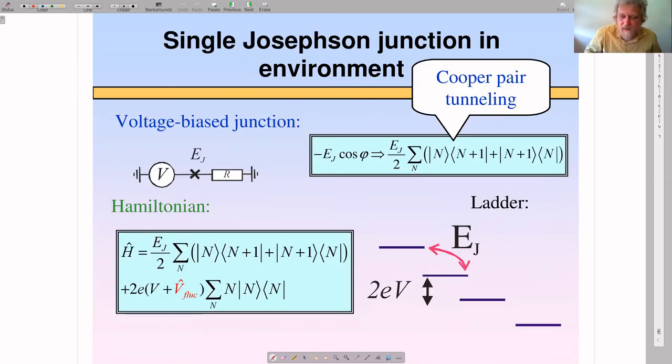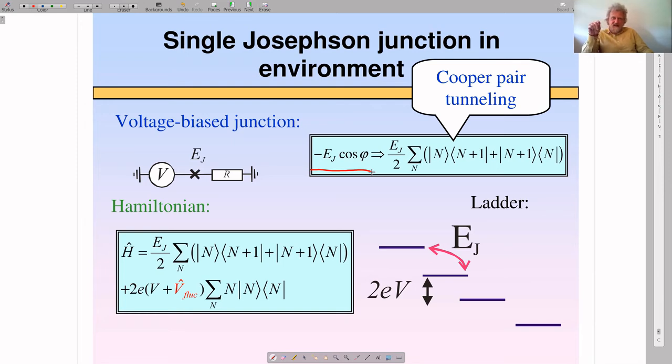Good. Let me look at yet another variation of tunneling. Let us recall what we know about the Josephson junction. We remember that it's characterized by an energy term in the Hamiltonian, which depends on phi, the phase.